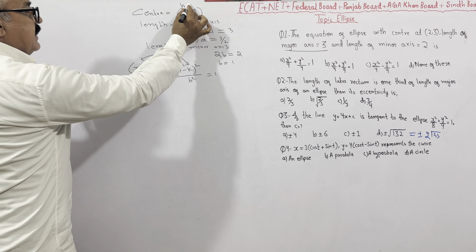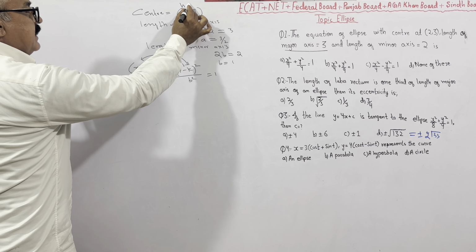It will become 2a square over 3 under root, over a. Square root of a square is a, so I have a times under root 2 over 3, over a. A cancelled, so our eccentricity is under root of 2 over 3.